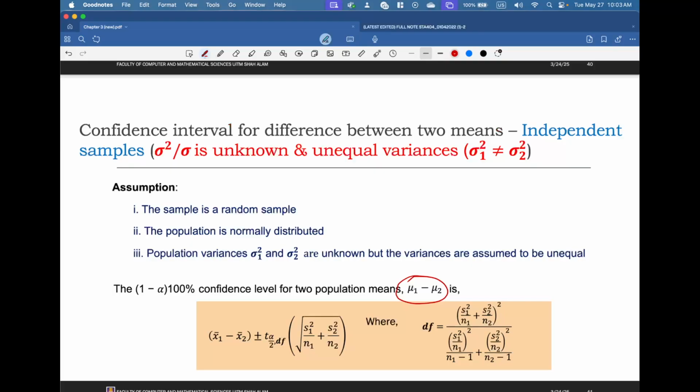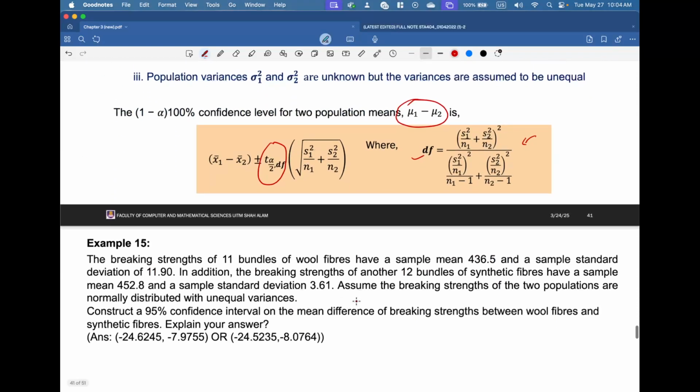The most important difference between the equal and unequal variances formulations is that now you need to calculate the degrees of freedom using this formula. This degree of freedom is needed when you try to find the value of t alpha over 2, df in our statistical table. Let's take a look at an example to explain more about this.